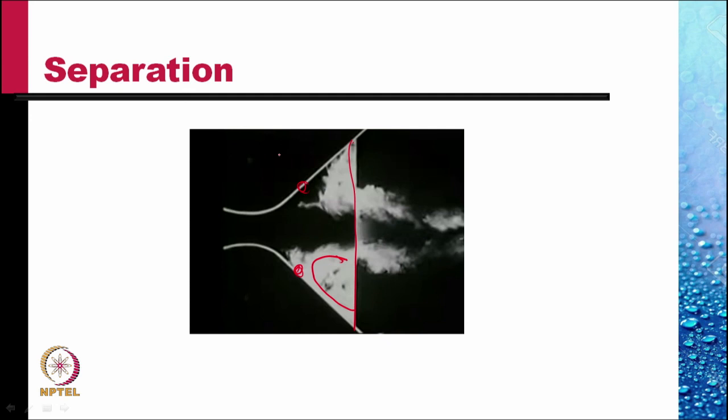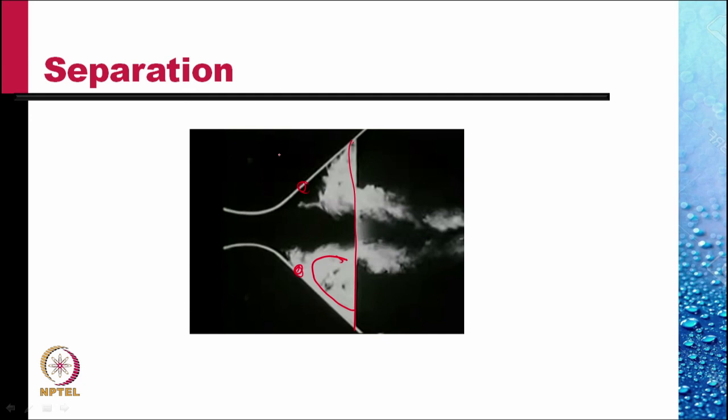The passage is diverging, area is increasing, velocity is decreasing, pressure is increasing, adverse pressure gradient. Presence of wall, boundary layer is developing. So the boundary layer separates in the presence of adverse pressure gradient.